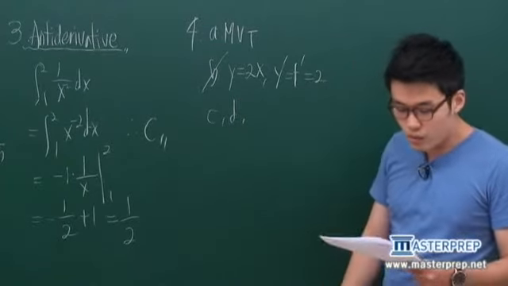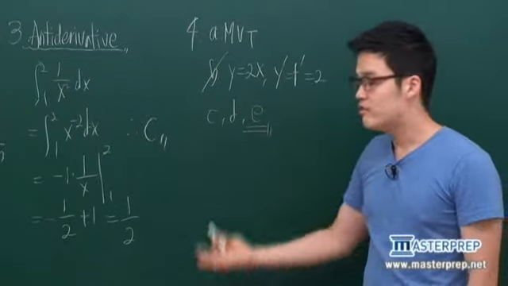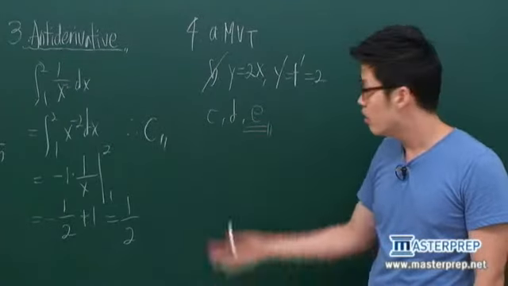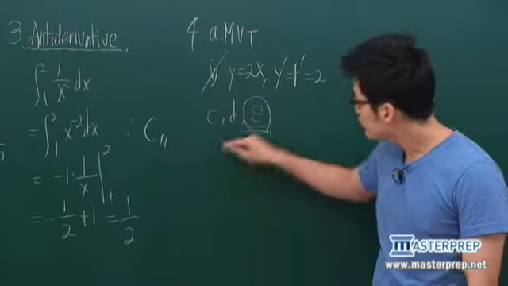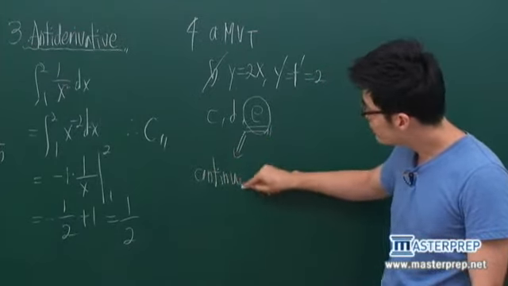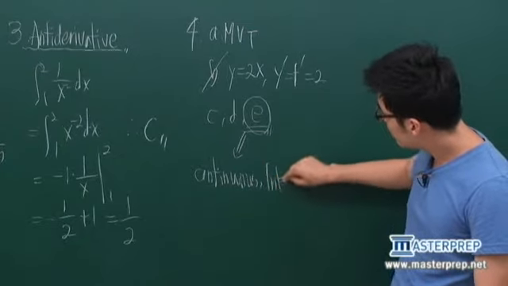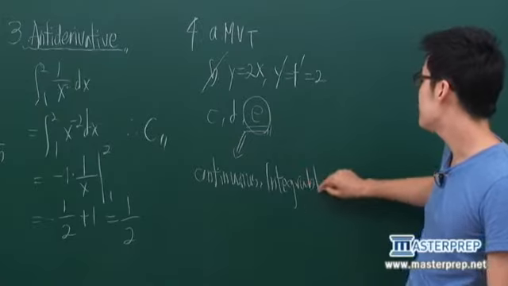And what about E? Well, E asks you whether you understand differentiability and continuity. So what it says is, if it is continuous, it is differentiable, it is integrable. This was dealt with in part 1 of my BC lecture.